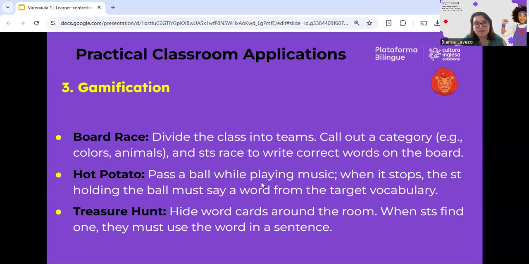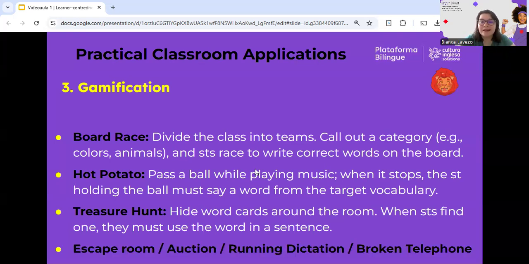If you don't know them, they're very common games in our world of teaching English, like escape room, right? They need to come up with a way to leave the room. Yeah. Auction, they have to pay for sentences and buy the sentences that are right and correct the other sentences.